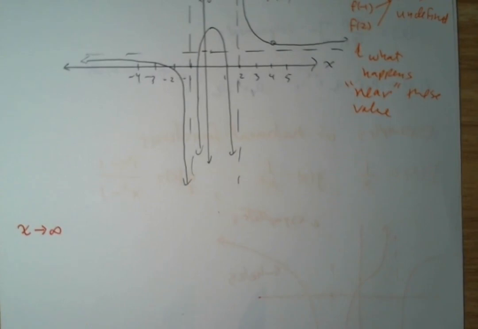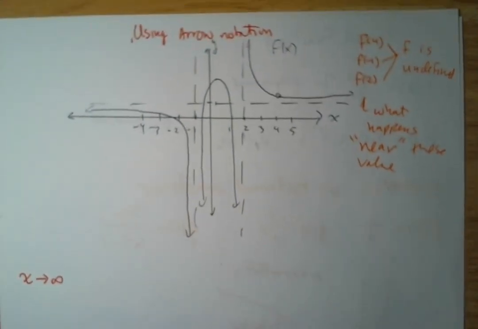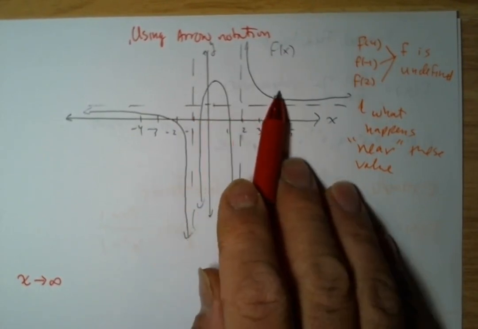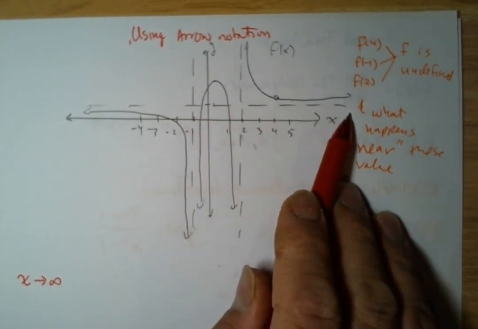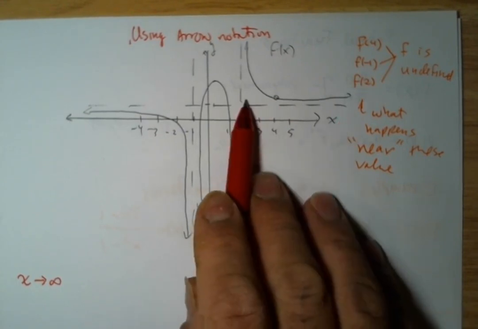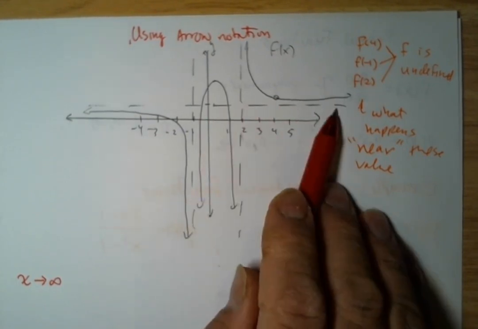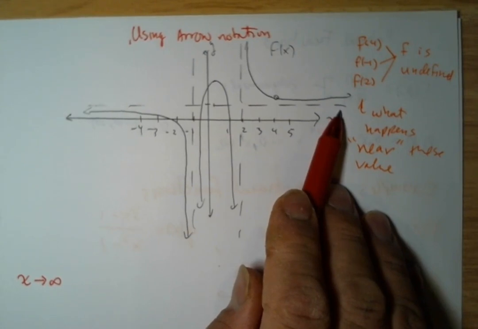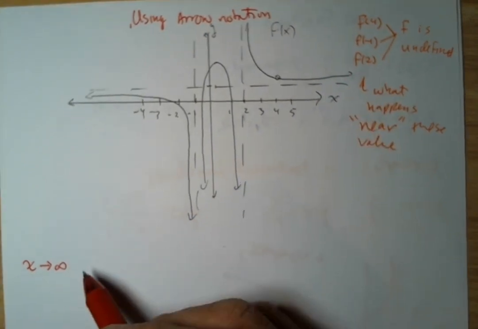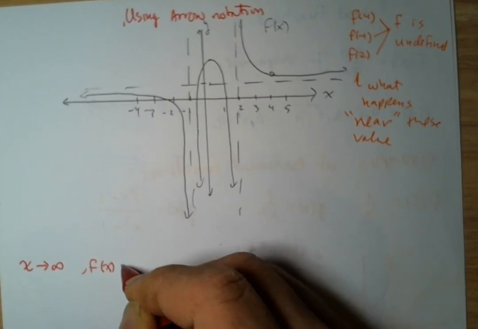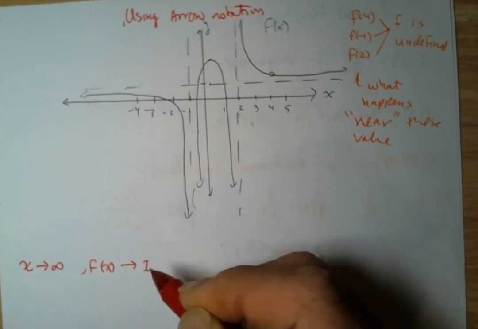When dealing with polynomials, it either went to positive infinity or negative infinity. Here, we have what's called a horizontal asymptote, where it looks like it plateaus. In this case, it tapers off, and it looks like it is getting near this value of 1. So you could say, as x goes to infinity, f of x approaches 1.